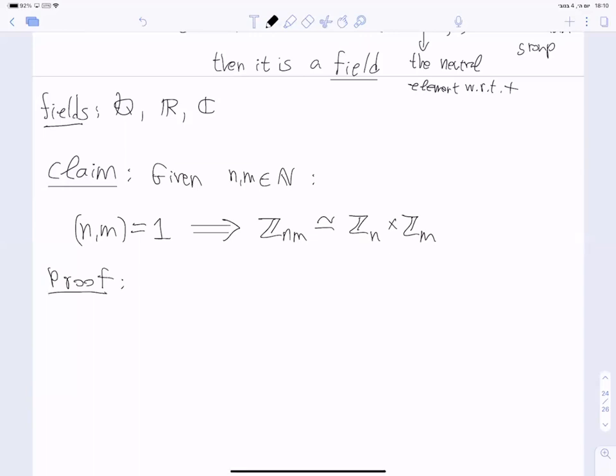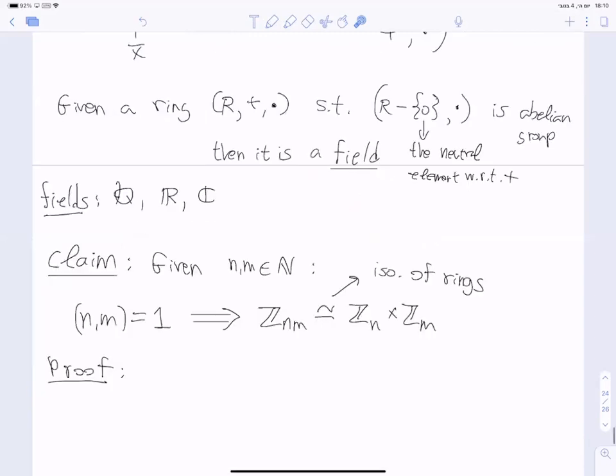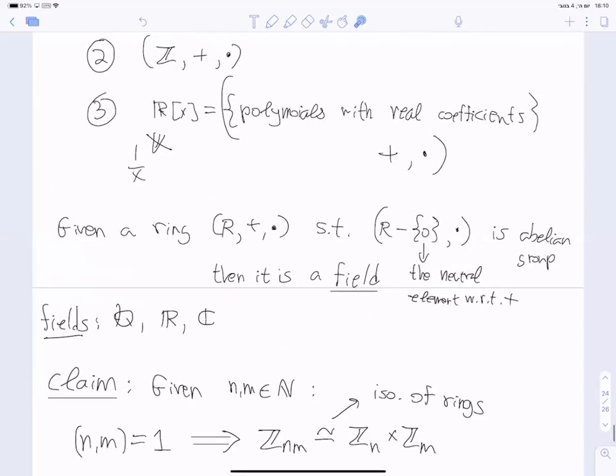And this is a morphism of rings, because each such object is considered as a ring. Sorry, I didn't write it. This is a ring.